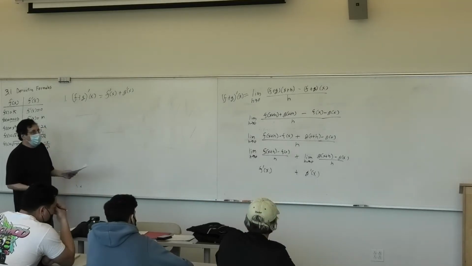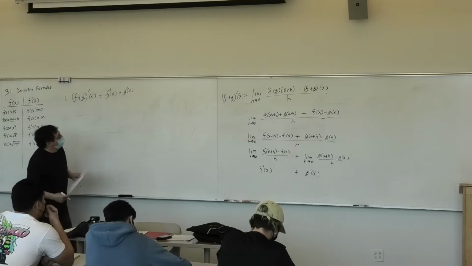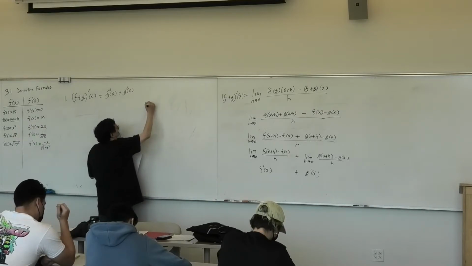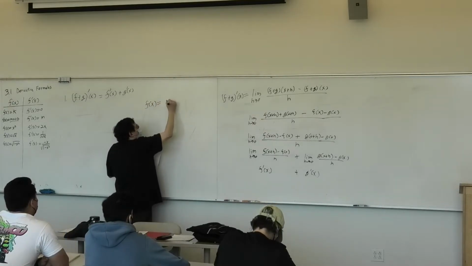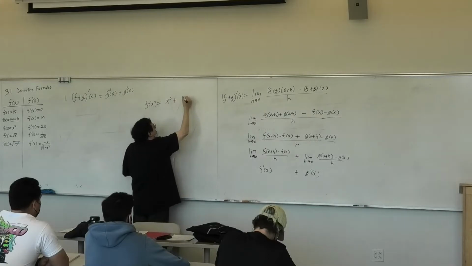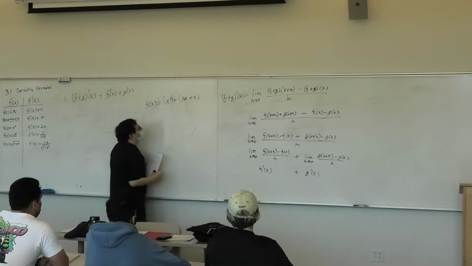How could we use that? Well, we have some function f of x equals x squared plus 3x plus 4. You can see we've got two functions here that we're familiar with.